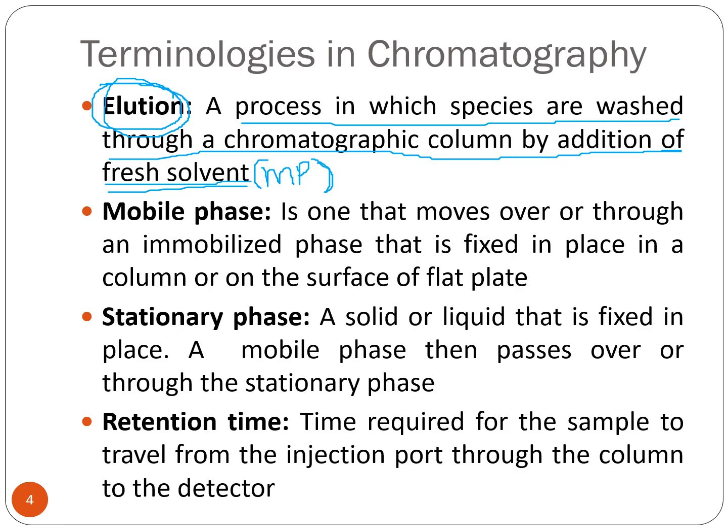Okay, what is the mobile phase? Okay, mobile phase is one that moves over or through an immobilized phase. Immobilized phase ni stationary phase that is fixed in place in a column or on the surface of a flat plate. Okay, so nanti korang akan belajar what is column, what is the planar chromatography.